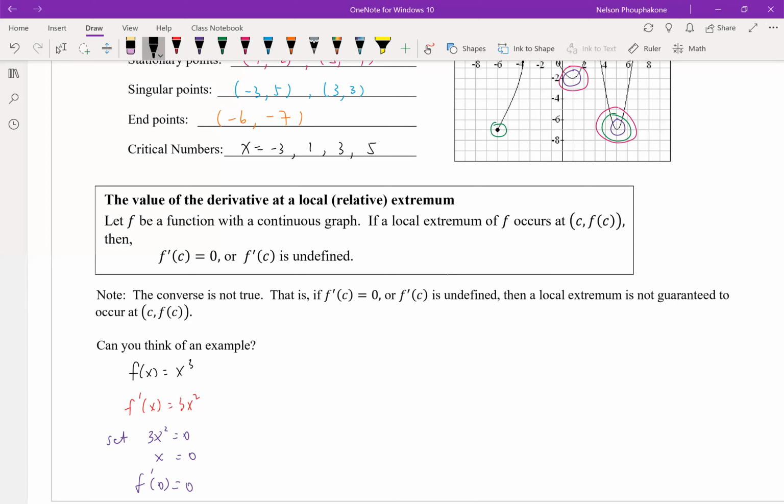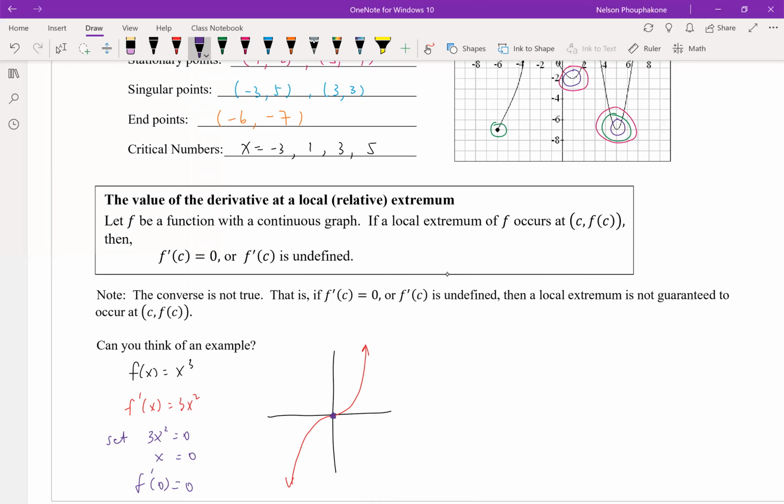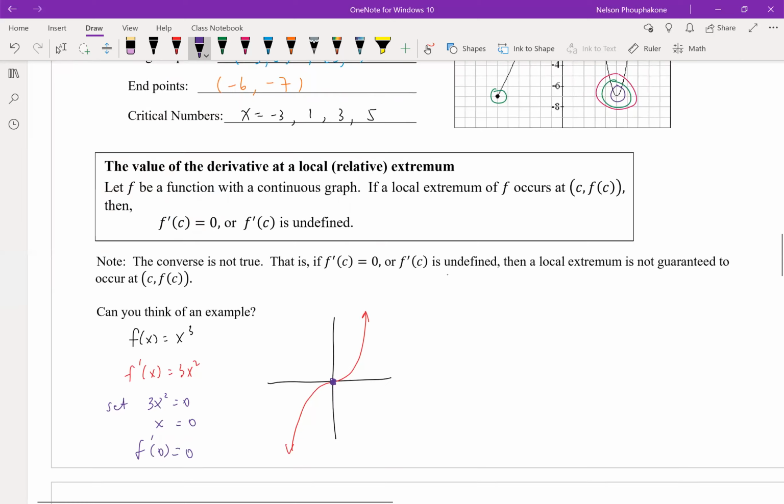But we know that the graph of x to the power 3, at x equal to 0, this point right here is neither maximum nor minimum, right? Okay, so therefore make sure that the converse is not true then.